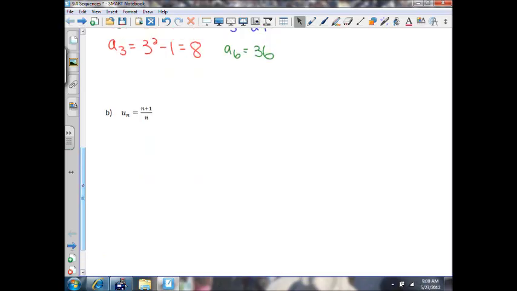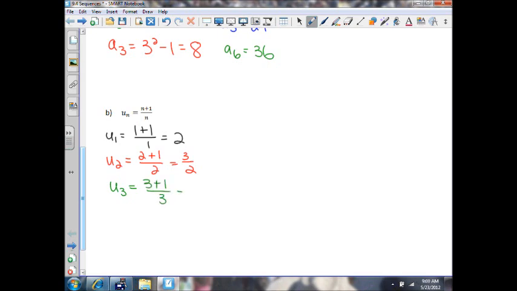Moving on to B. U sub 1 is 1 plus 1 over 1, which is 2. U sub 2 will be 2 plus 1 over 2, which is 3 over 2. U sub 3 will be 3 plus 1 over 3, which is 4 over 3.